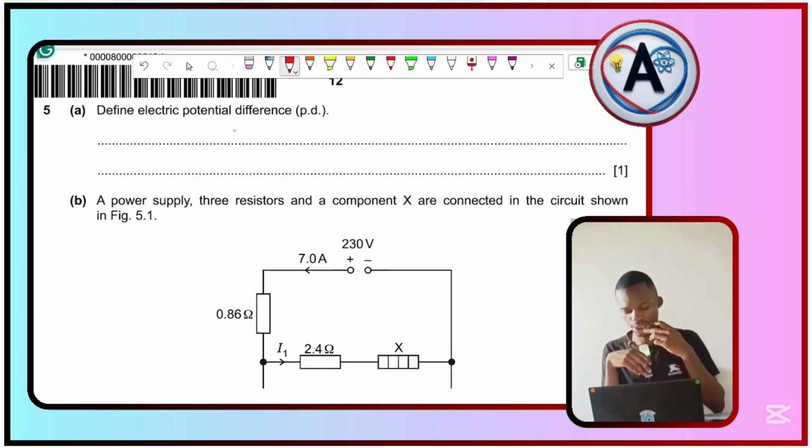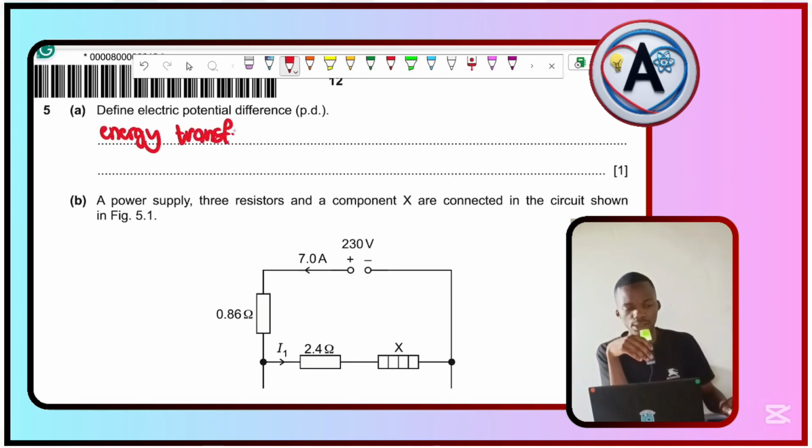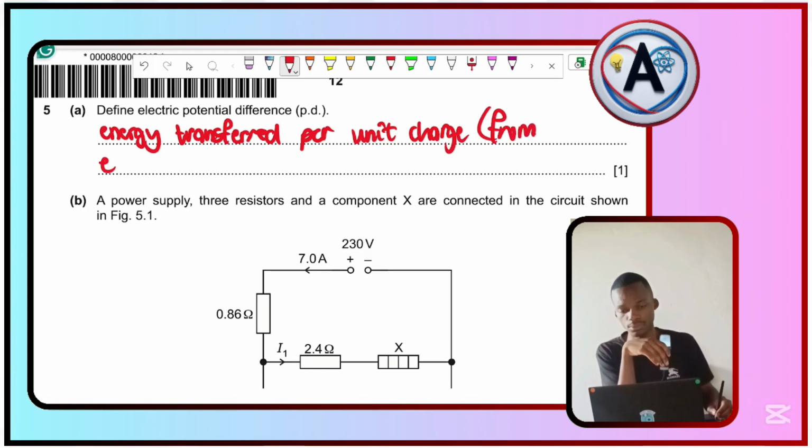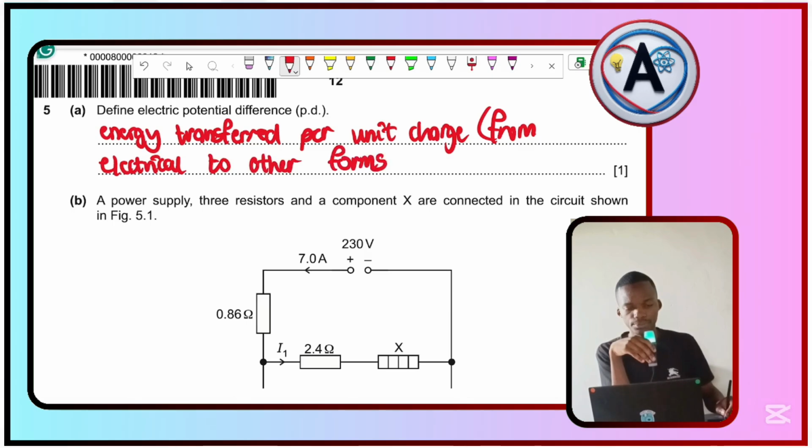Define electric potential difference. Okay. Electric potential difference is the energy transferred, per unit charge, from electrical to other forms, basically non-electrical.